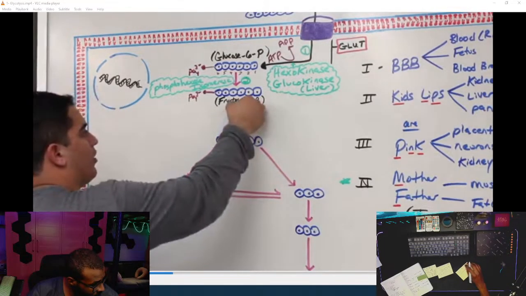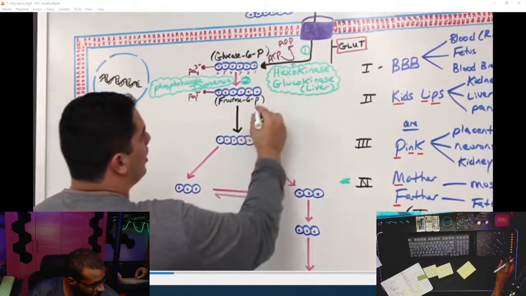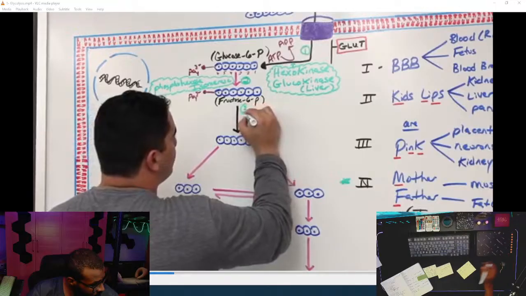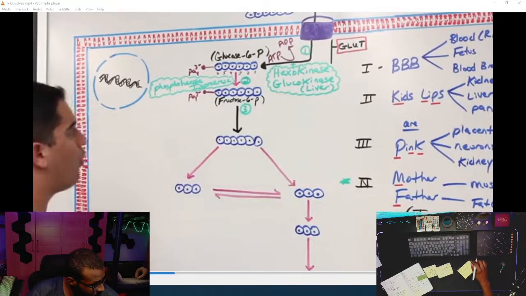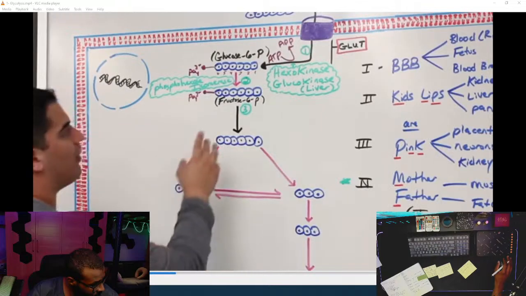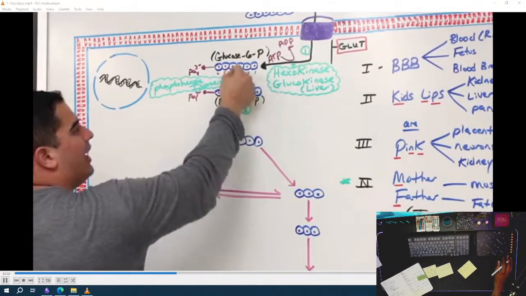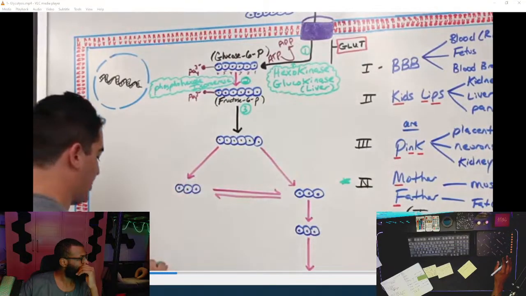We'll talk about this third step in great detail in the other video when we talk about regulation. But in this third step, it's a very important step. Just like this first step is a very, very important step. And you can tell the difference. Why can you tell the difference? This is a black arrow, this is a pink arrow. The pink arrows are reversible steps. So what does that mean?